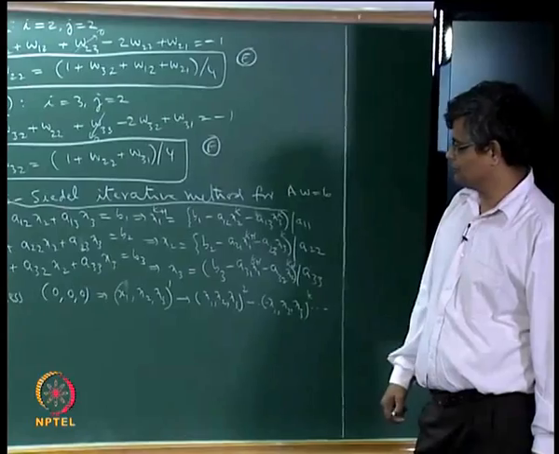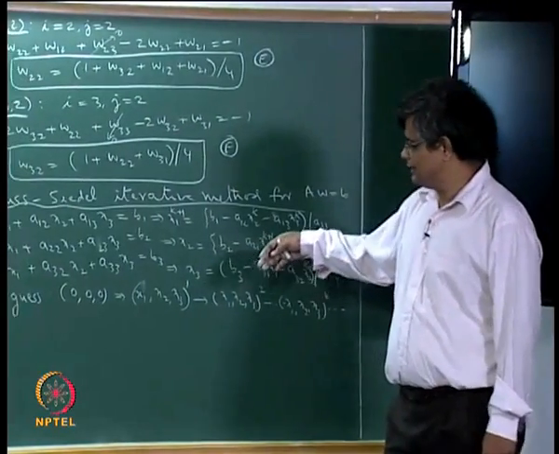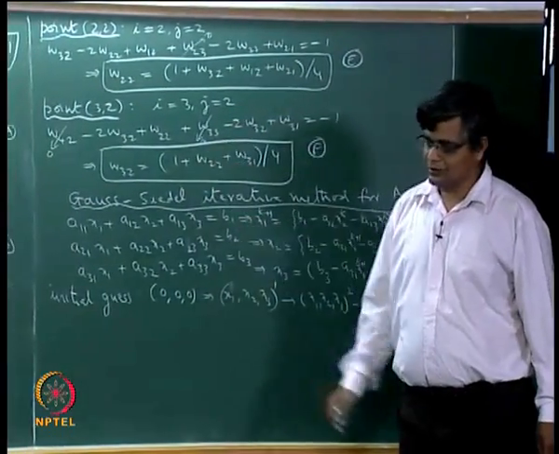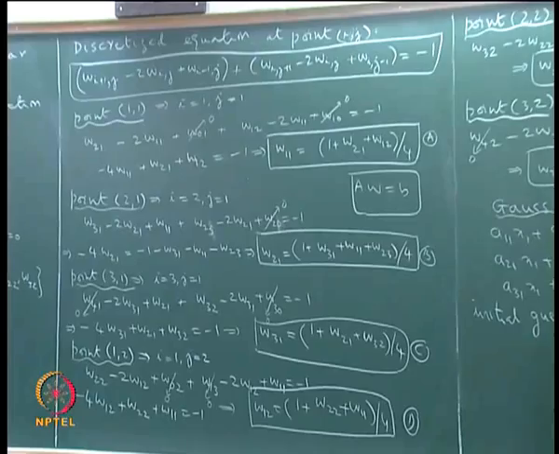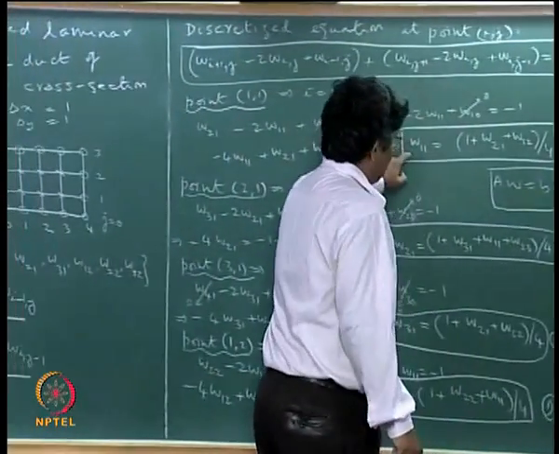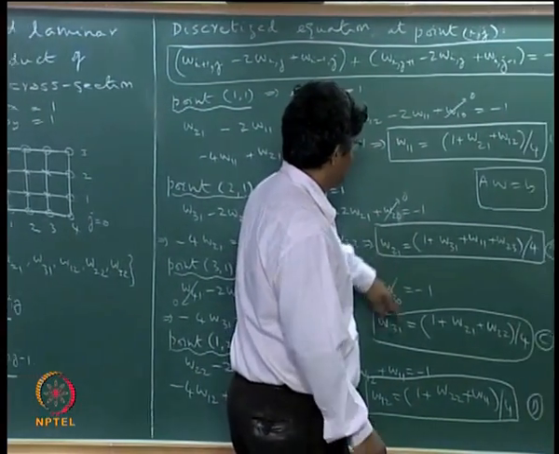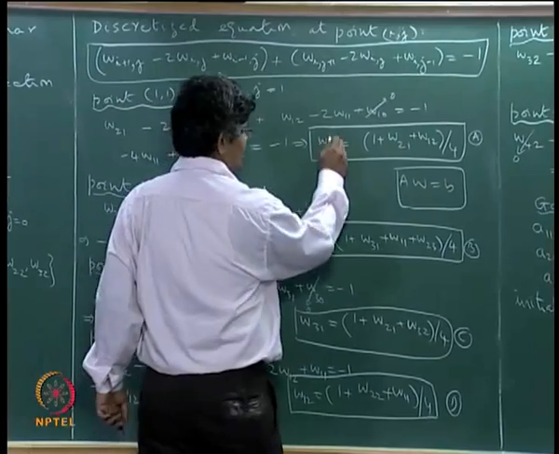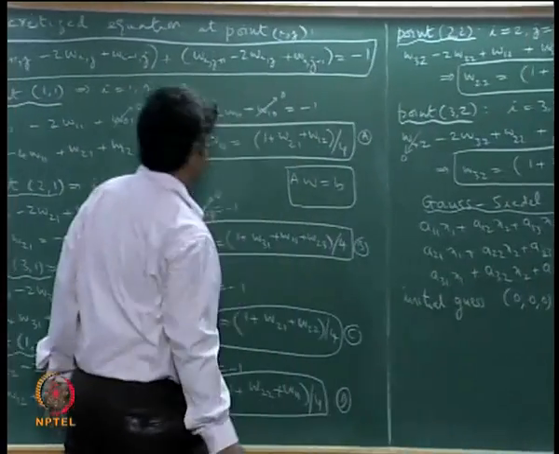And we can get the solutions. So this is a method that we will use for the evaluation of this, and we can therefore write these equations, already these are put in this Gauss-Seidel form.